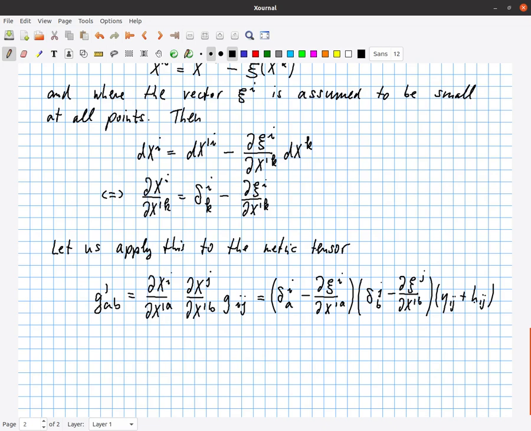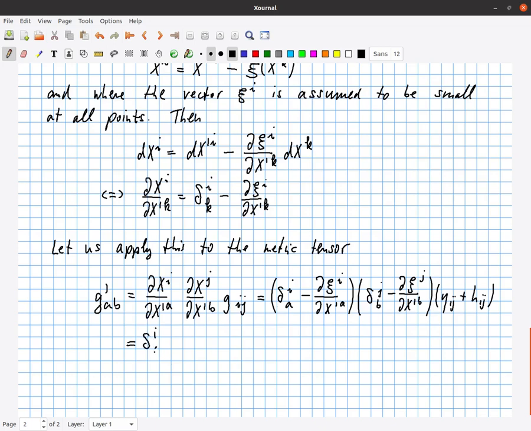Recall that h is already small. We now assume that the xi's are also small, which means xi, or a derivative of xi, acting on h is again a term of quadratic order. We are only interested in the terms linear in smallness.